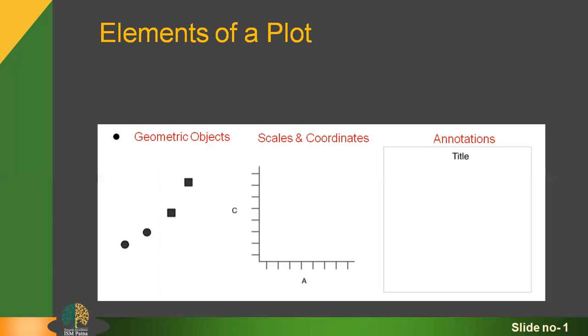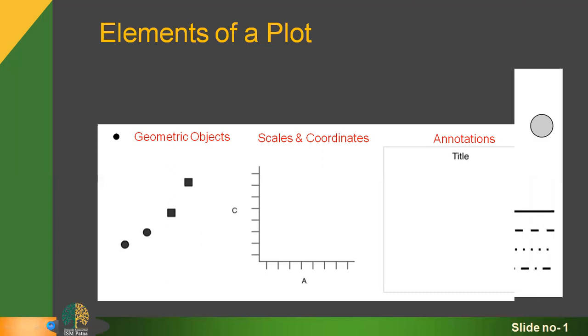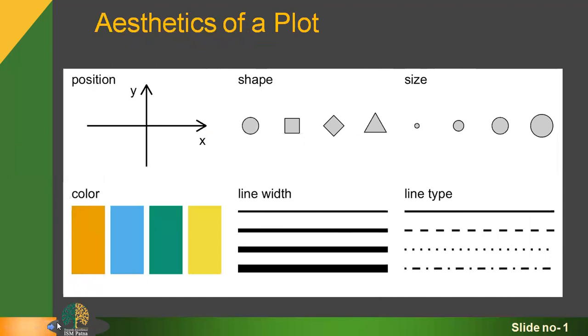Okay. These are the concerned elements. When you are generating a visualization, these things are encountered. And now aesthetics of a plot. First of all, you see the coordinates like y-axis, x-axis. So y positive, x positive is in the first quadrant, and then y negative below, and x negative on the left hand side.